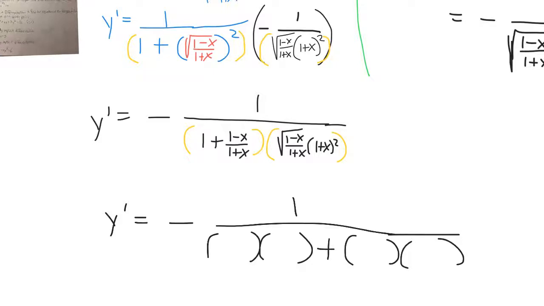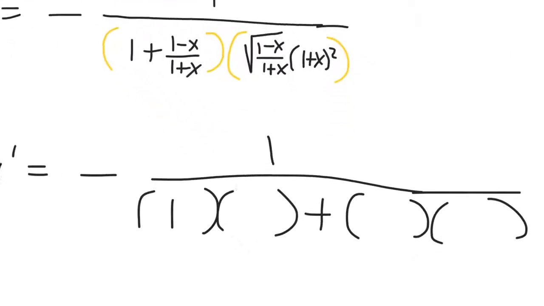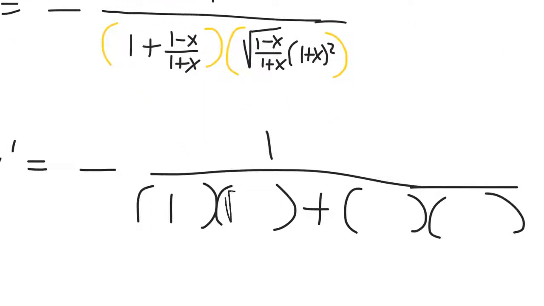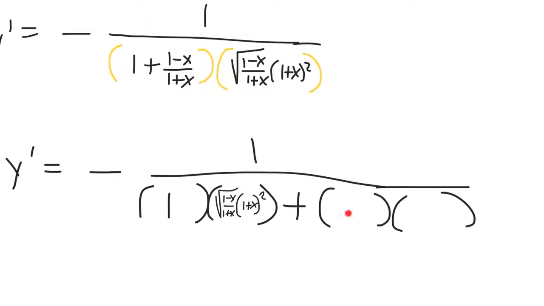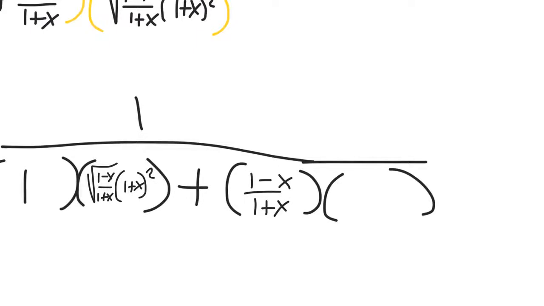It's going to be 1 times this thing, and this thing is going to be this distributed here, so that's going to be 1 minus x all over 1 plus x times, once again, I'll refer to this as the debacle.